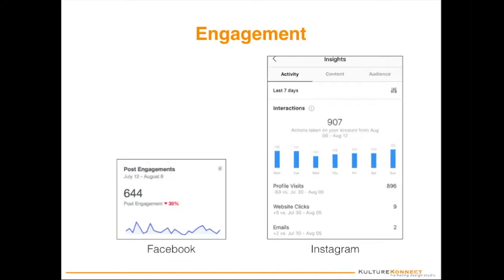A lot of restaurants and a lot of other businesses really tend to spend too much time on the quality of an image. And yes, I'm not gonna lie, that's very, very important, even more in the restaurant realm. But a lot of times also, you can have an image that's not so beautiful, but can have a lot of engagement.